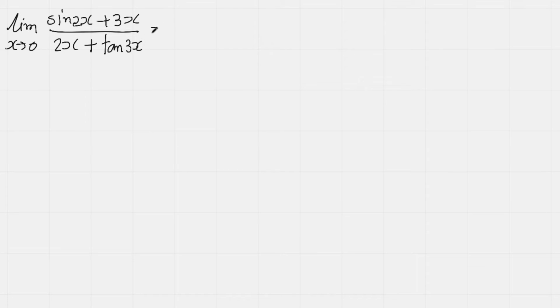Now here also if we substitute x equal to 0 directly, we will get 0 in the denominator, so we cannot substitute the limit directly. Okay, so let us simplify this function.